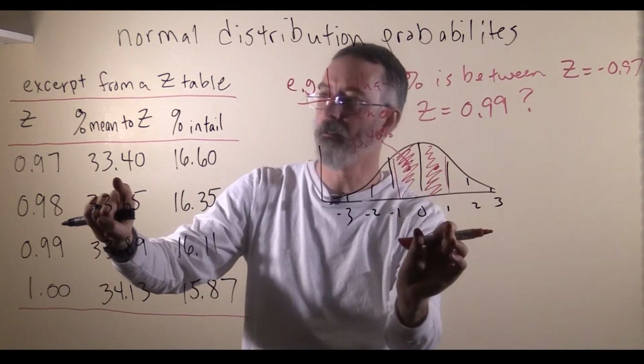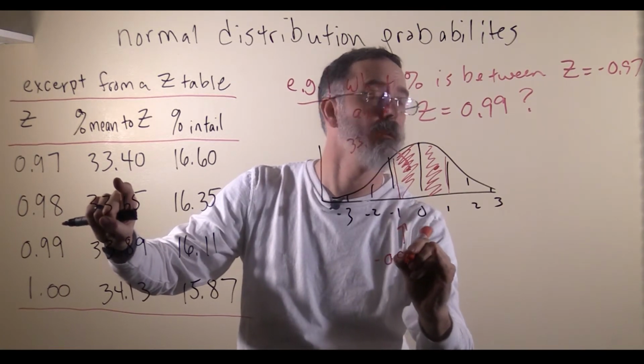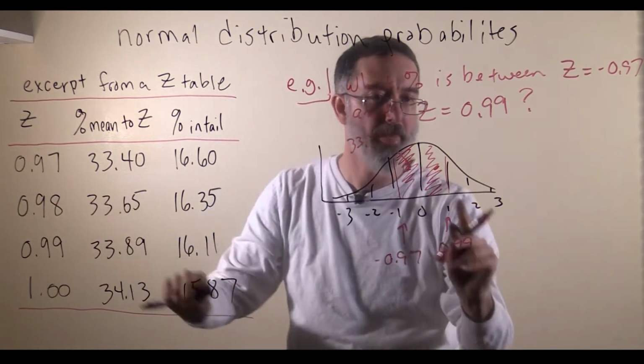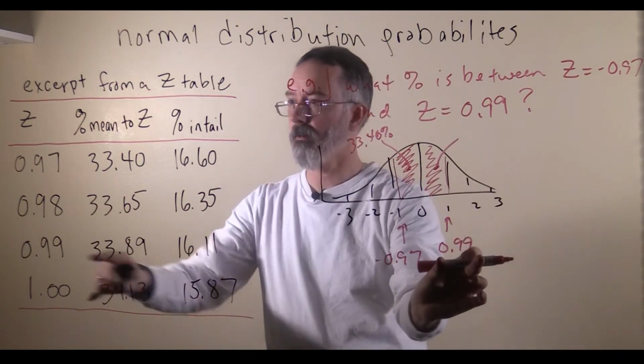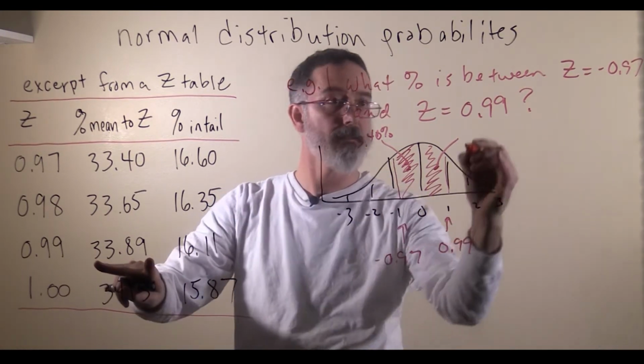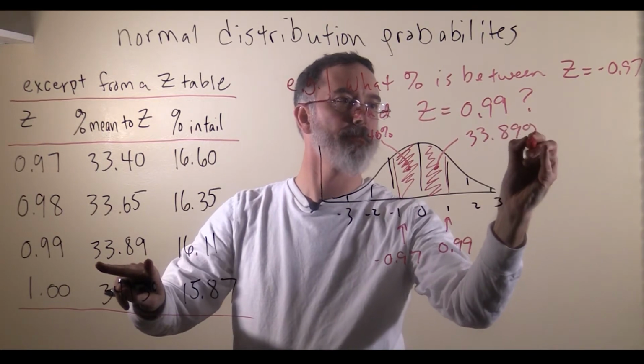And over here, 0.99, the part between the mean and the z-score, that is 33.89%.